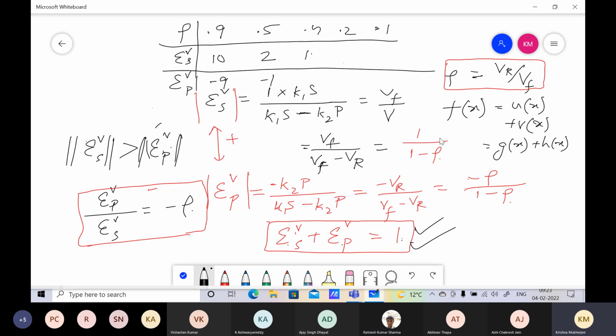Basically, you have a very simple formula, 1 over 1 minus rho. At 0.4, it is 1.66, and this will be minus 0.66, by definition. And at 0.1, it is 1.1, and this will be minus 0.1. This is absolute nonsense.